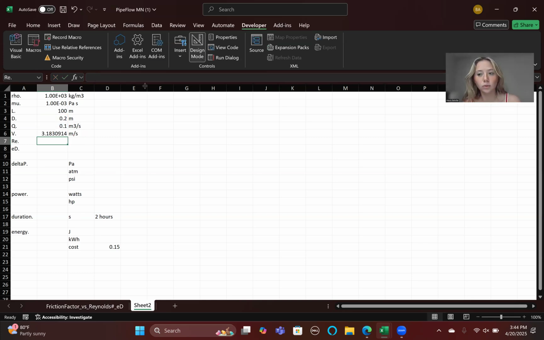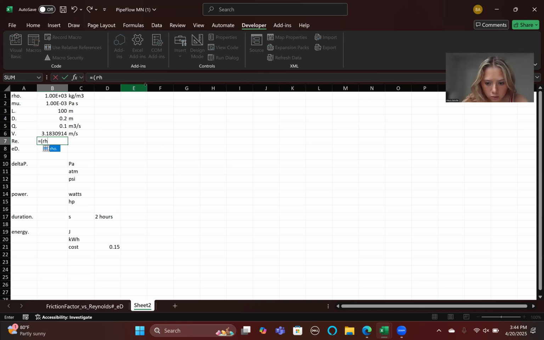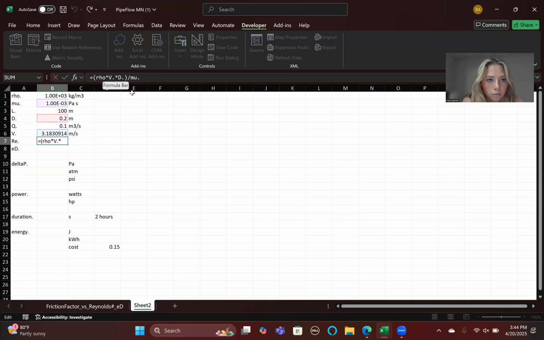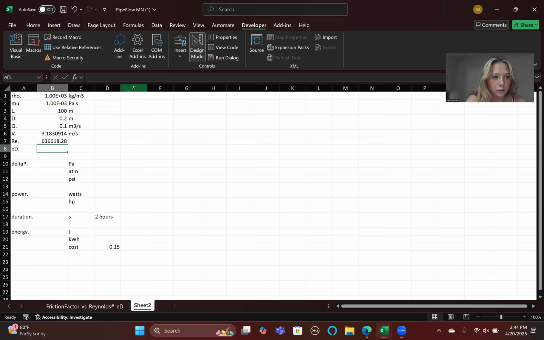Next we're going to be moving on to our Reynolds number, and this is going to be equal to rho times V dot times D dot, parentheses, over mu.